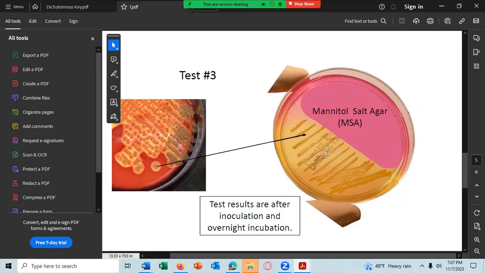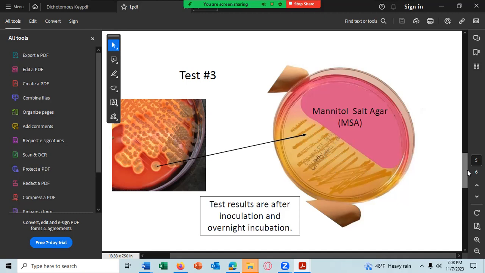Mannitol salt agar only grows bacteria that can tolerate 7% sodium chloride, and obviously this one can. And then you can see that it did something with the mannitol, changing the color here. And that just helps you determine what the mannitol salt agar plate is used for.